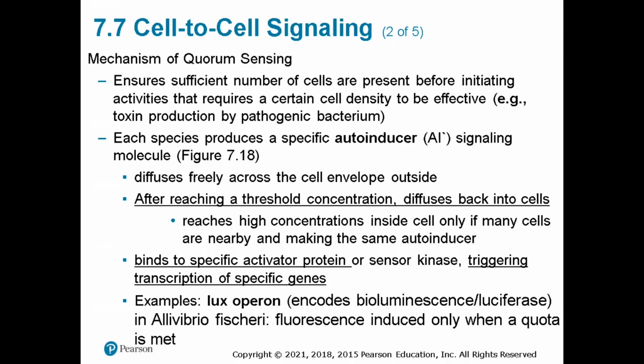They bind to specific activator proteins or sensor kinases, triggering transcription of specific genes. An example is the lux operon, which encodes the bioluminescence enzyme luciferase in Vibrio fischeri. The luminescence is induced only when a quorum is met.